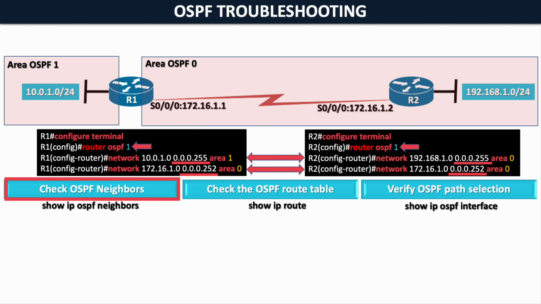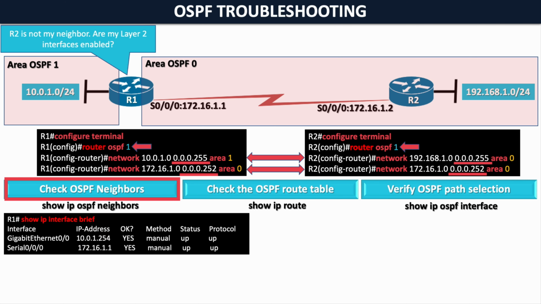On this topology, we have a neighbor problem between routers 1 and 2. The show ip interface brief command allows you to verify that the status and protocol are up for the serial 0/0/0 interface, the one connected to router 2. Here, we can see that the link is therefore operational on layer 2.